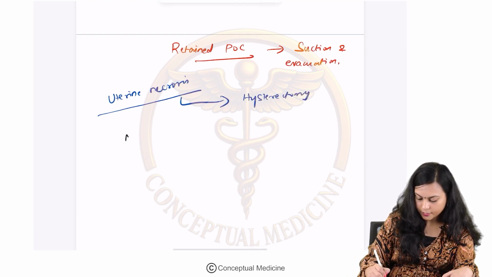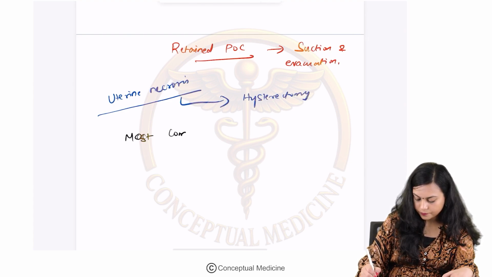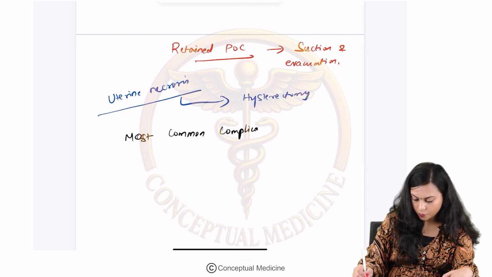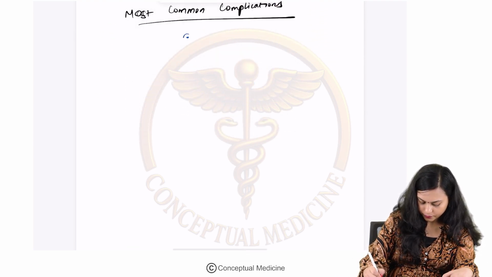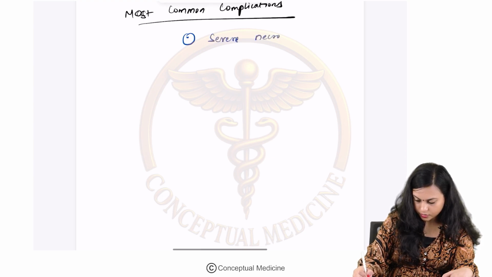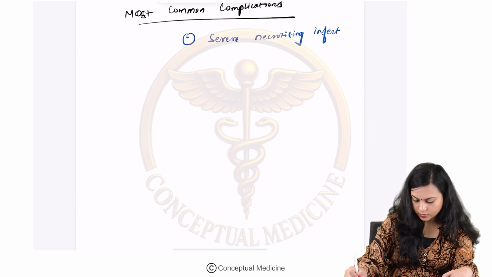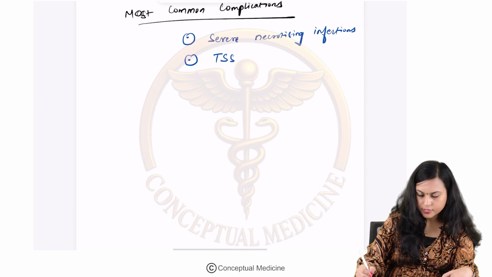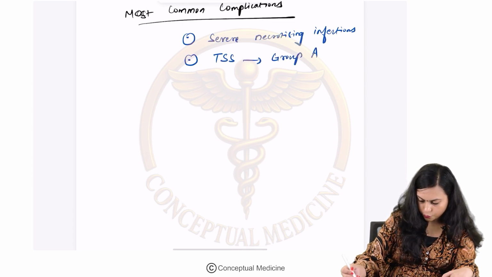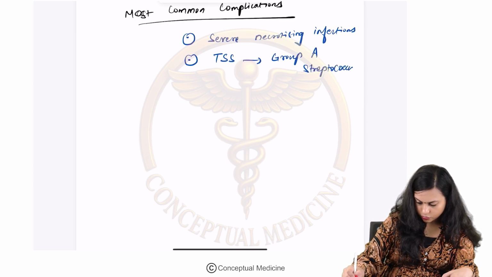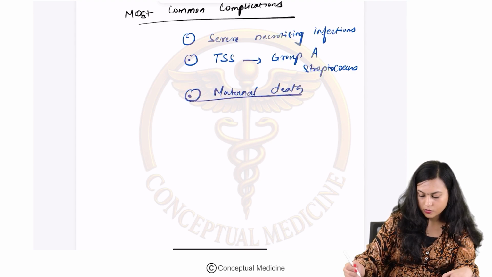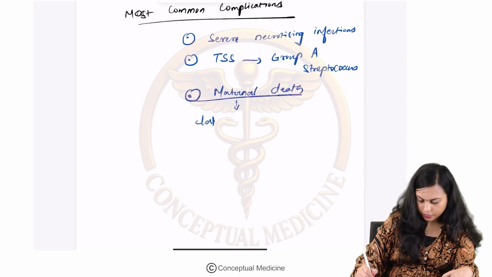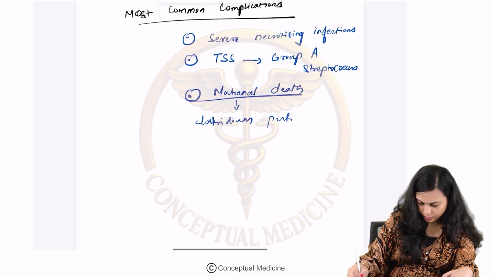So, what are the most common complications? Most common complications that occur due to septic abortion may include some severe necrotizing infections, then toxic shock syndrome that can occur by group A streptococcus, and sometimes maternal death can also occur if it is complicated by infection by Clostridium species, say Clostridium perfringens or Sordellii.